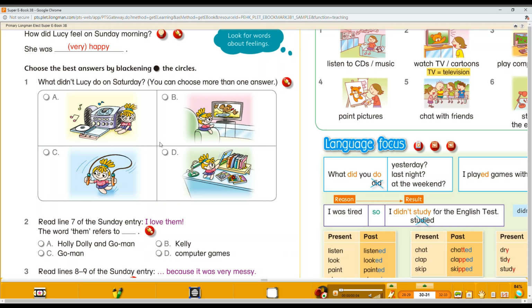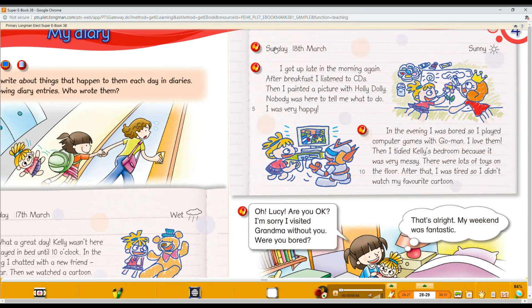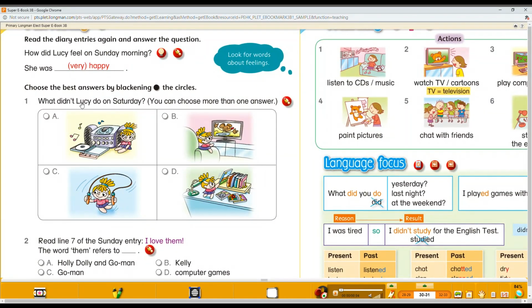Let's double check the activities, listening to CD and tidying bookshelves. So here, on Sunday, I listened to CDs. I tidied Kelly's bedroom. So that means Lucy didn't do this and this on Saturday. Instead, she did these on Sunday.